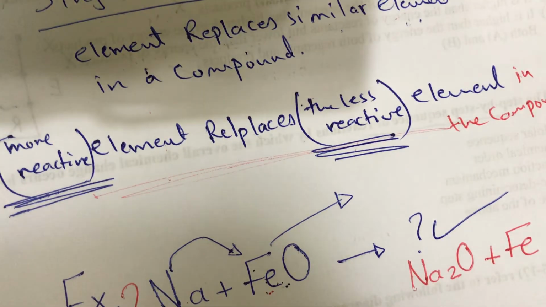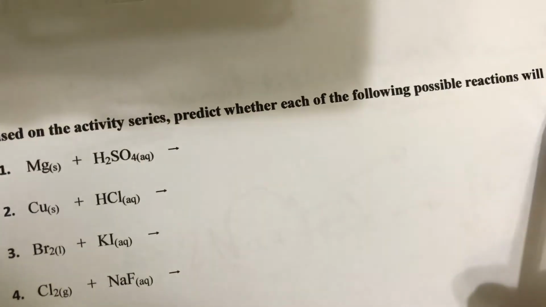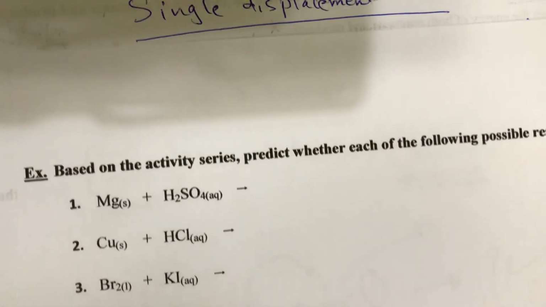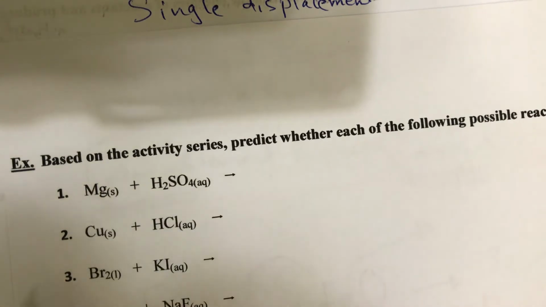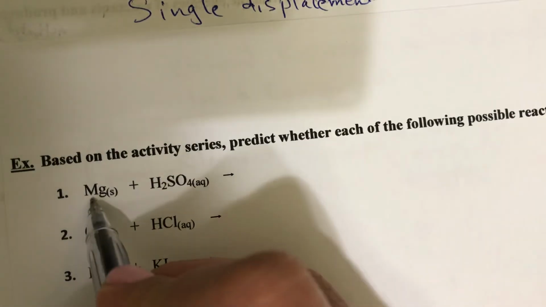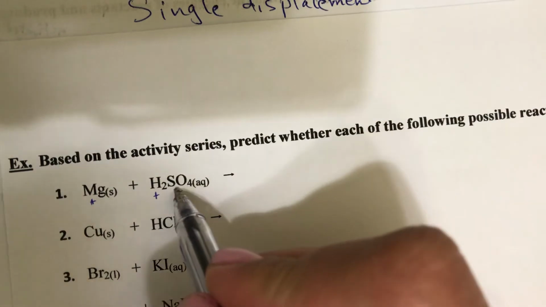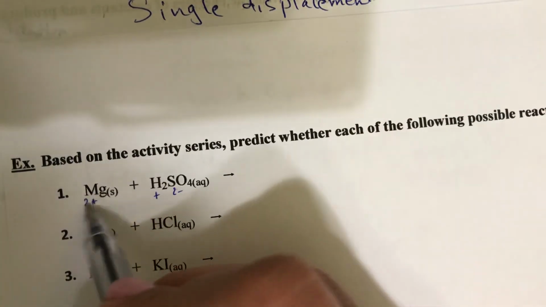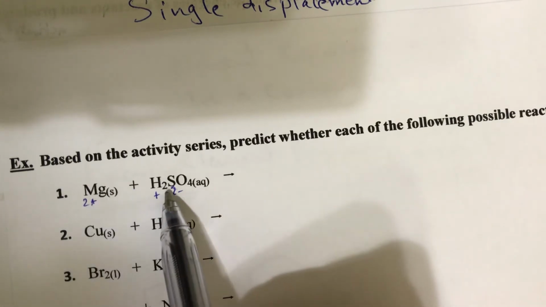Another examples here. Based on the activity series, predict whether each of the following possible reactions will occur. So here, magnesium plus sulfuric acid. Magnesium is a metal, carrying positive charge, and here hydrogen is positive and sulfate carries negative charge. So here an element replaces a similar element.